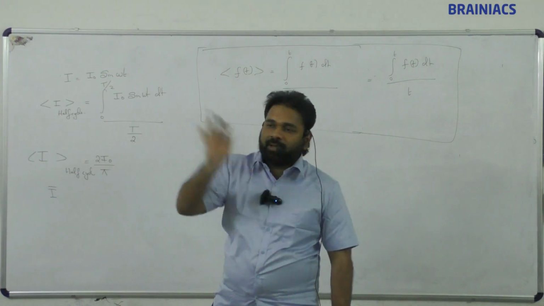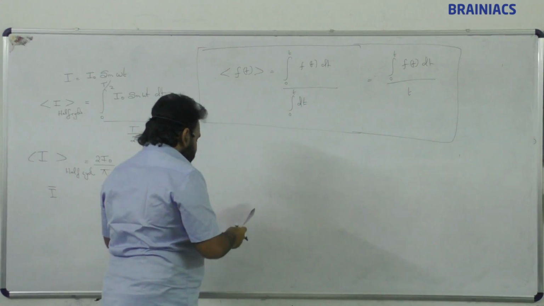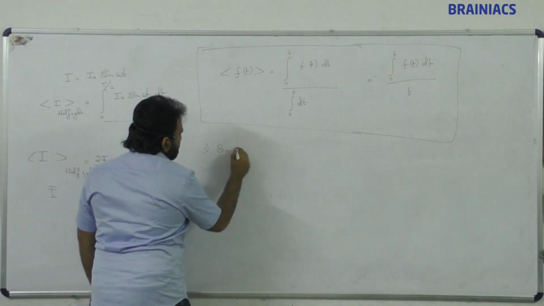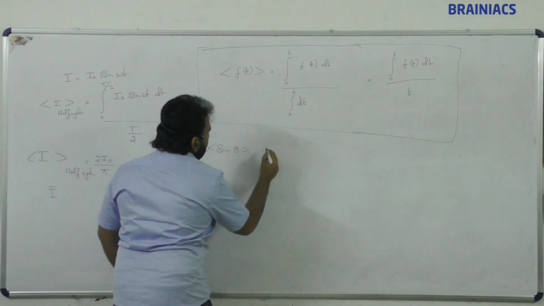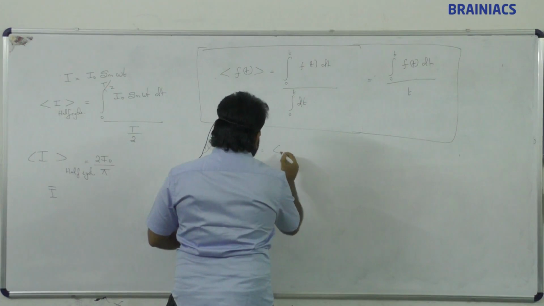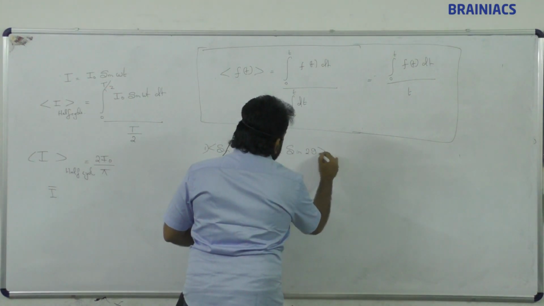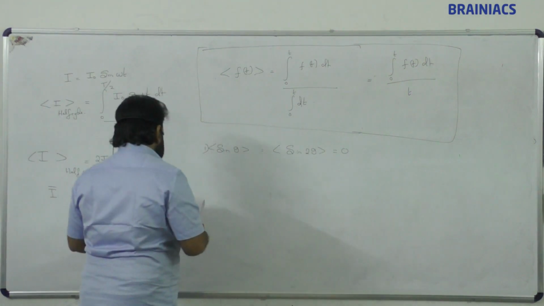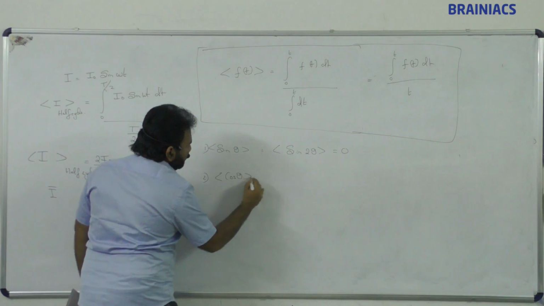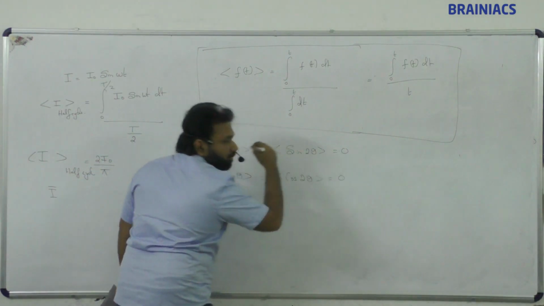Once you see it, the average value will be 0, provided it is a full cycle. Number 1, sin theta, the average value is 0. I can give sin 2 theta also, the average value will be 0. Same way cos theta and cos 2 theta, the average value will be 0.